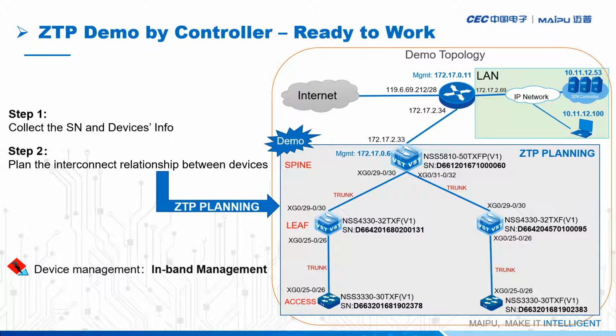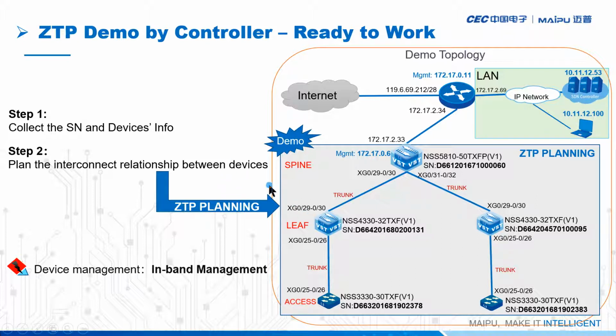And before we start to do the zero touch provision demo, there are two things that need to be done. The first one is that we need to collect the serial number and the device info. The second one is that we need to plan the interconnection relationship between devices.